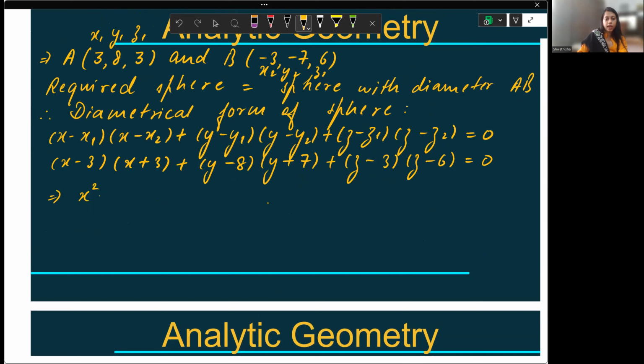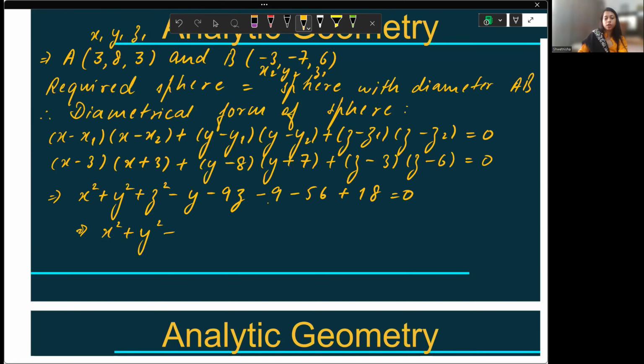It implies I'm getting x square plus y square plus z square minus y minus 9z, and then minus 9 minus 56 plus 18 is equal to 0. So x square plus y square plus z square minus y minus 9z minus 47 is equal to 0, which is the required sphere.